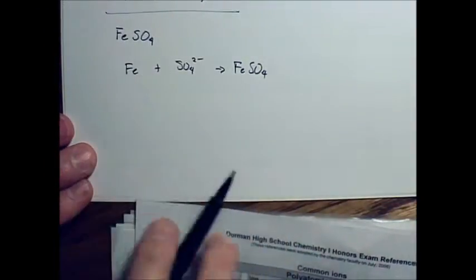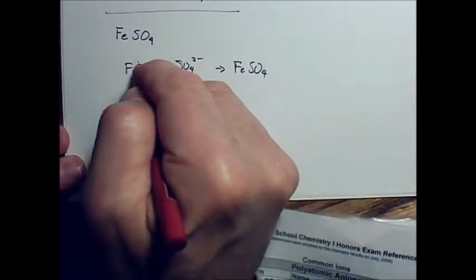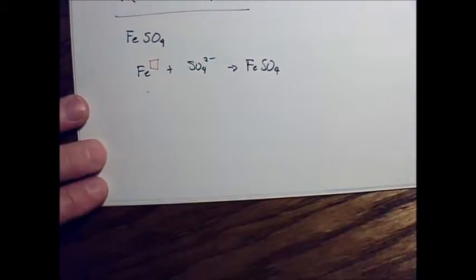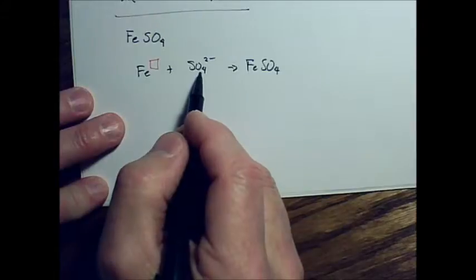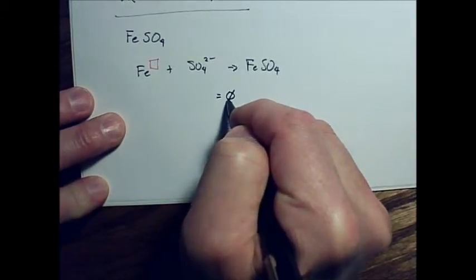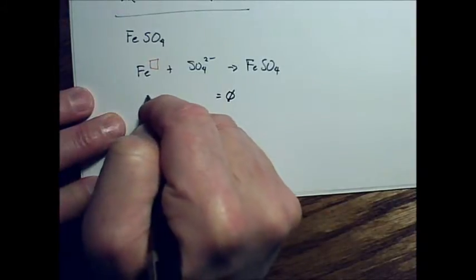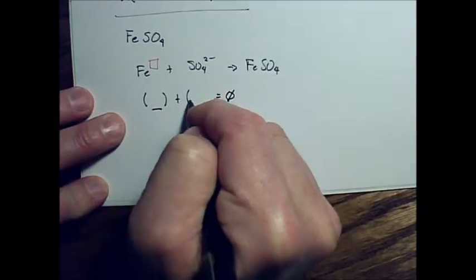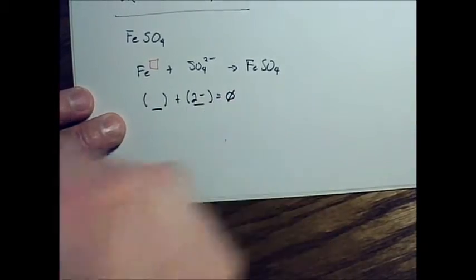Now, what we don't know right now is the charge on the iron. Okay? We know that when I have one iron and one sulfate, I need to have a charge that equals 0. Okay? So I've got one of something here, plus this particle has a 2 negative charge. I've got to have it equal 0.